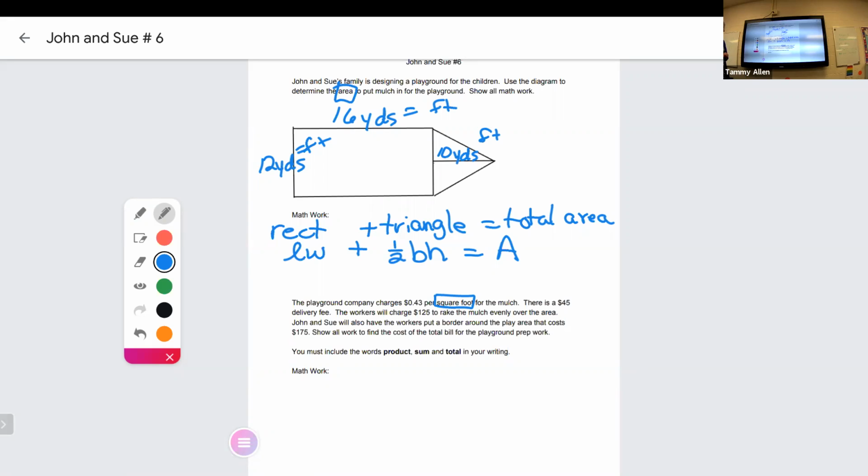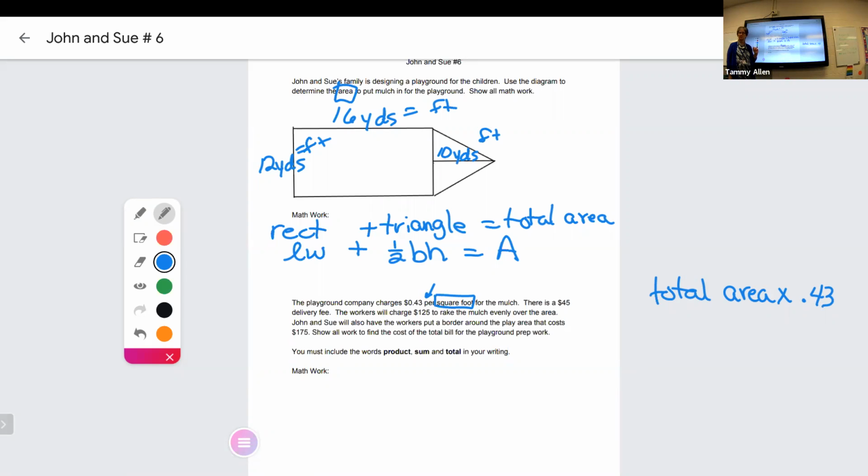And then we know that it gets charged 43 cents per square foot. Per would tell us to do what? Multiply. Okay. So once we know our total area, we multiply that by that 43 cents per square foot, right?